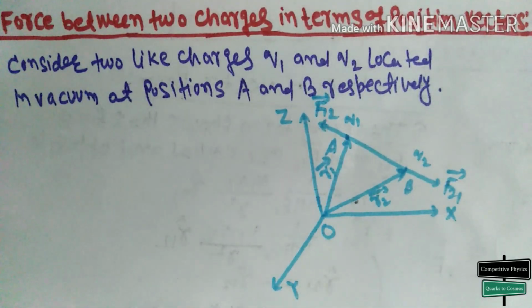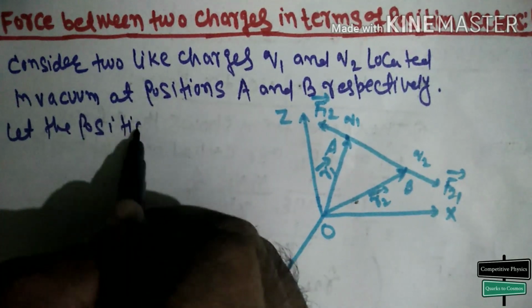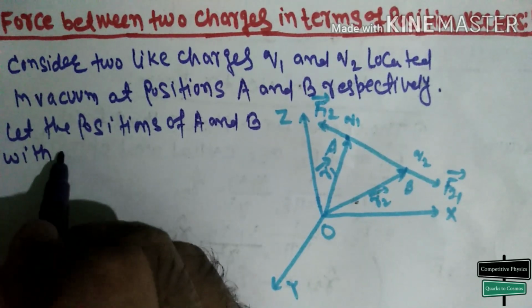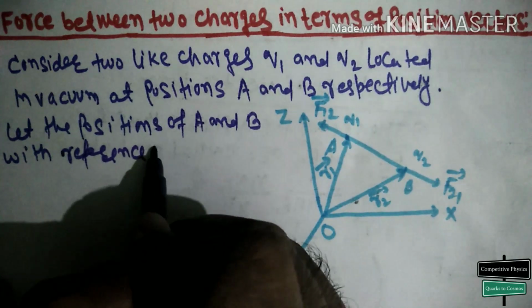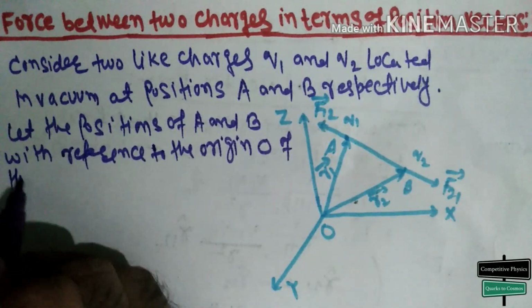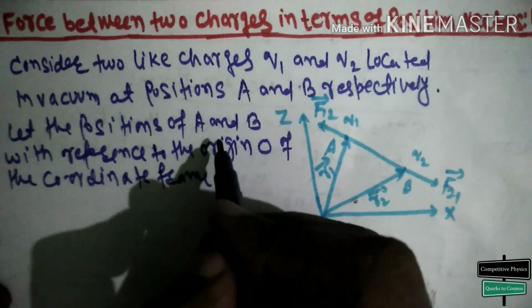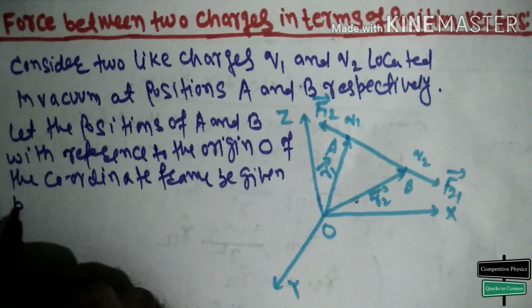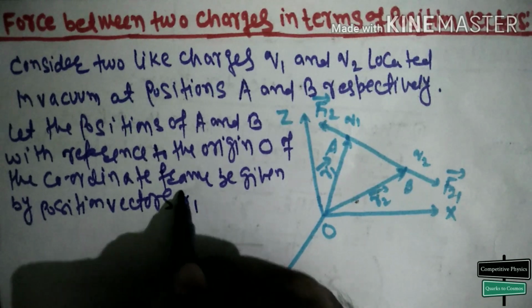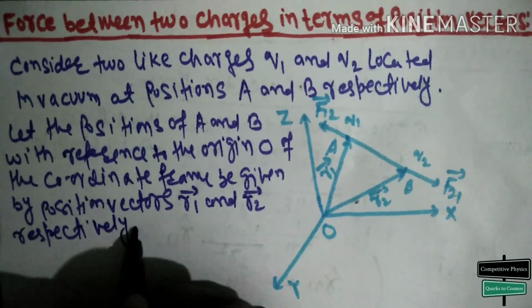So we let the position of A and B with reference to the origin O of the coordinate frame be given by position vectors r1 and r2 respectively. Okay, we have shown it in the figure.